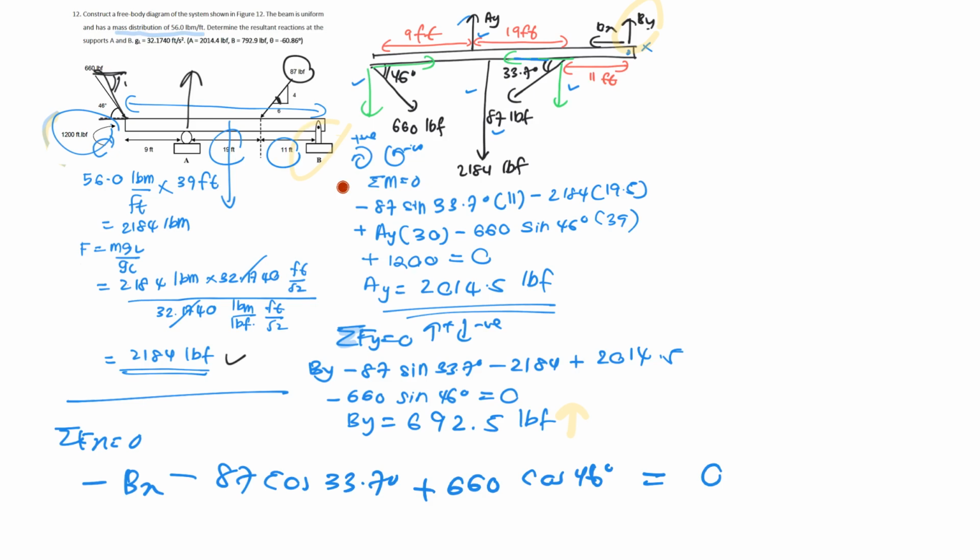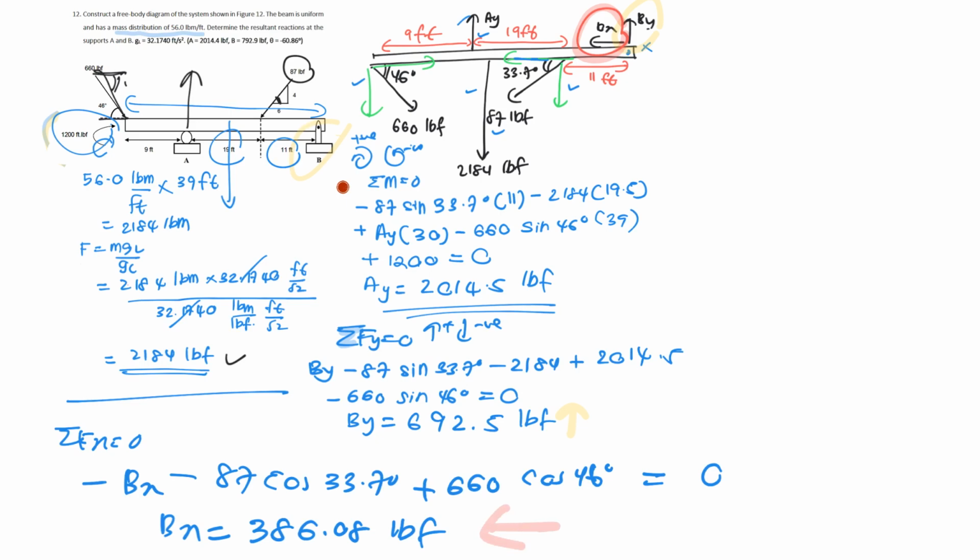So my BS direction is correct, which is 386.08 pound force. I get a positive answer here, which means that the direction of BS is basically correct. It should be towards the left.